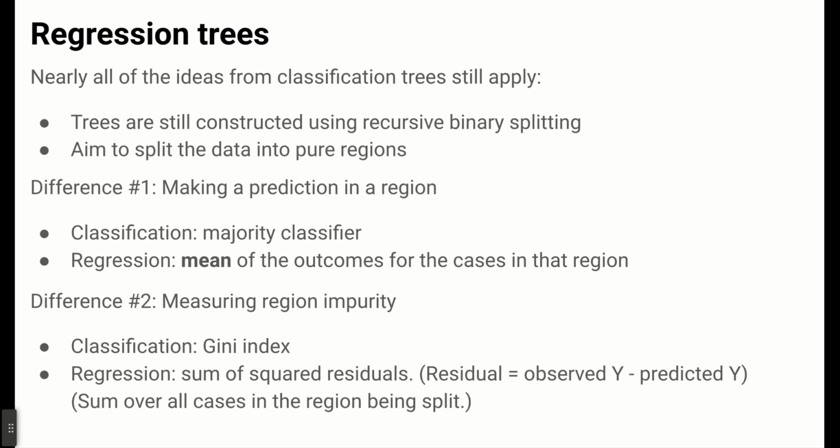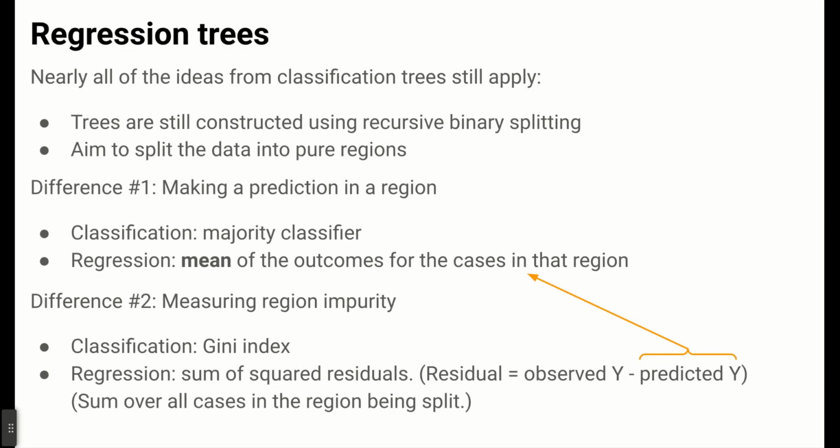For classification, we can use the Gini index. For regression, we use the sum of squared residuals. A residual is defined in the usual way, observed value for the outcome minus predicted, where the predicted outcome for each case is the mean outcome in that case's region, as we just noted. We sum these squared residuals over all cases in the region being split.